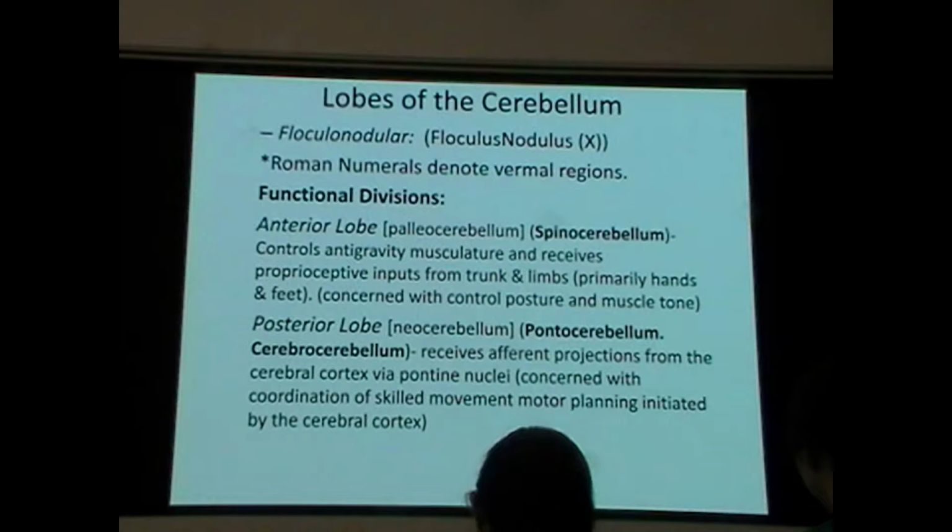The posterior lobe, or the neocerebellum, is referred to as the pontocerebellum or cerebrocerebellum. Now, the cerebral cortex, when it impacts the cerebellum, does not impact it directly. It impacts it by sending information to nuclear groups in the pons.